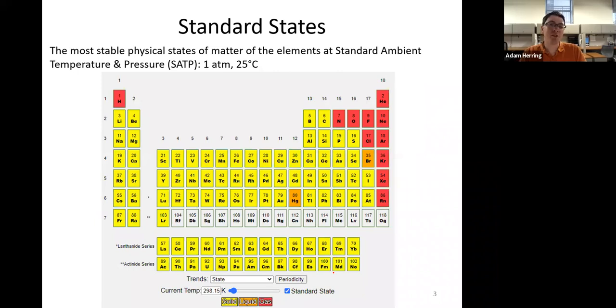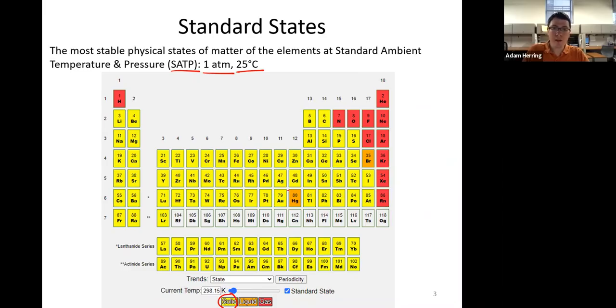So what are the standard states? Again, we're talking about a temperature of 25 degrees Celsius and a pressure of 1 atmosphere. This is sometimes referred to as standard ambient temperature and pressure. Notice that the vast majority of the elements are solids.